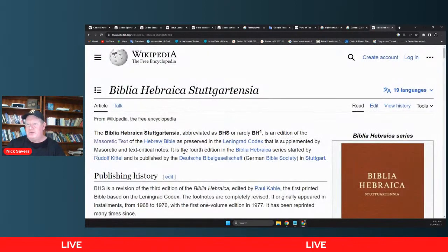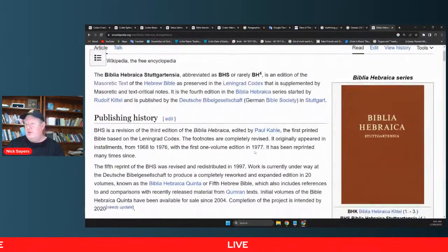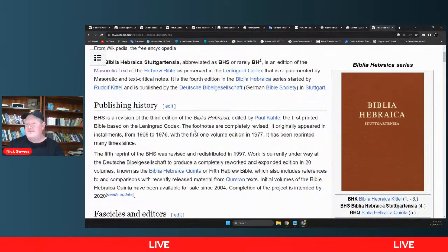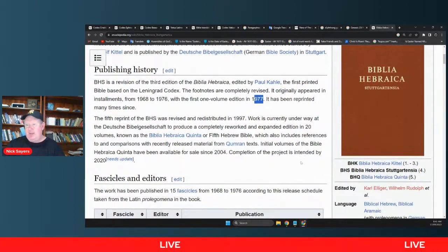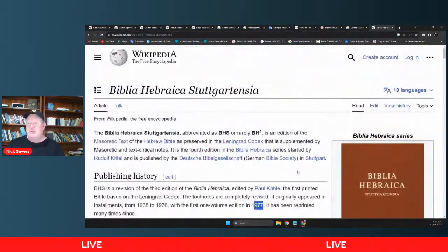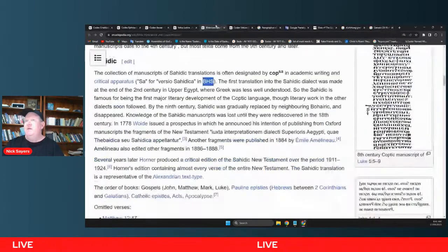So anyway, I'm sort of rabbit trailing here. It's based on Kittel, not the Nazi Gerhard Kittel, but Rudolf Kittel, who was his father. So that's the coding, they just have SA in the BHS.